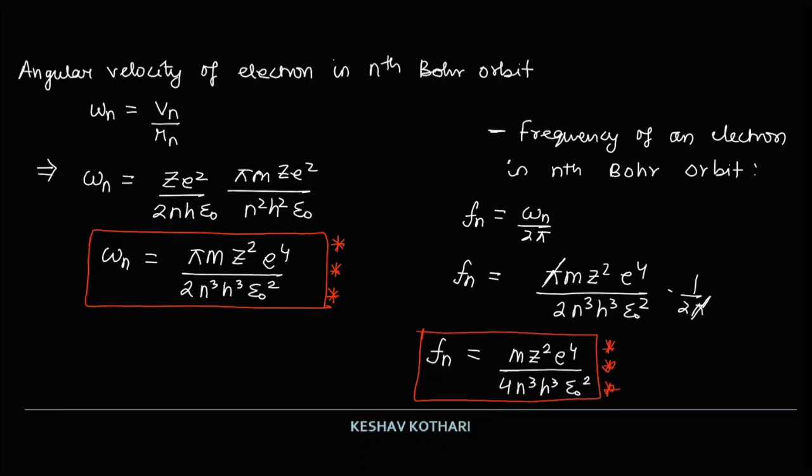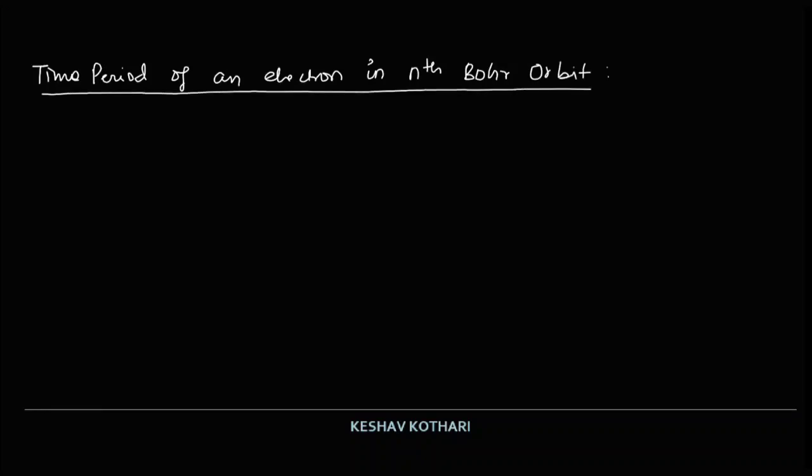The frequency of an electron in the nth Bohr orbit can be calculated in this sense. The next thing which we calculate is the time period of an electron in the nth Bohr orbit. The time period is written as the inverse of frequency.